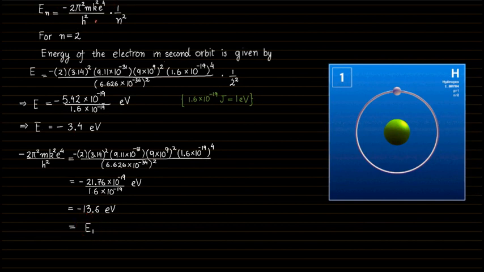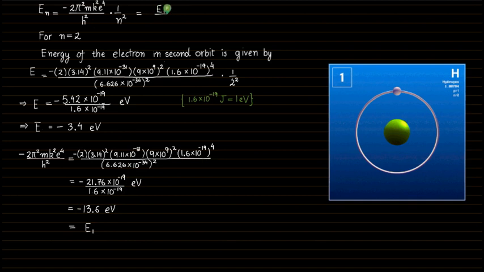So instead of writing this constant part, minus 2 pi square m k square e to the power 4 upon h square, every time, or instead of calculating this part every time, I can simply write this E1. And I know what the E1 value is: minus 13.6. So let's substitute minus 13.6.